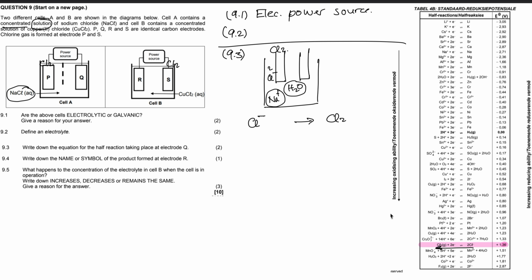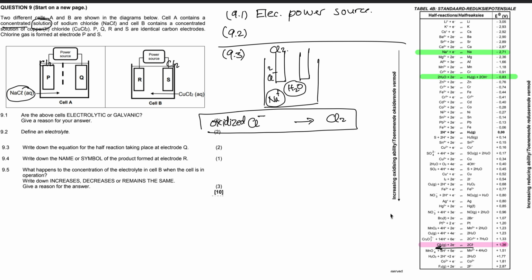So the chlorine was oxidized. Right? The chlorine was oxidized. So we are looking for the one that's going to be reduced between H2O and Na+. Let's find those. So we have H2O and Na+. Here's Na and here's H2O.